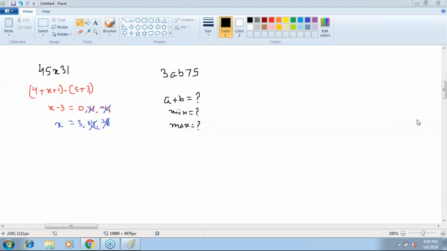Try out please. This one is of average level, not of easy level.